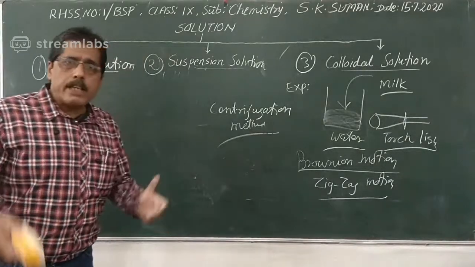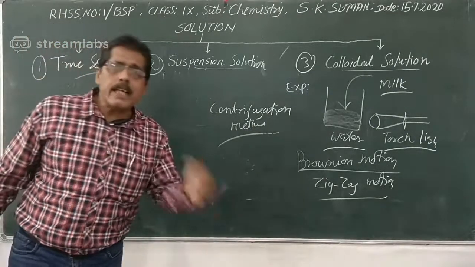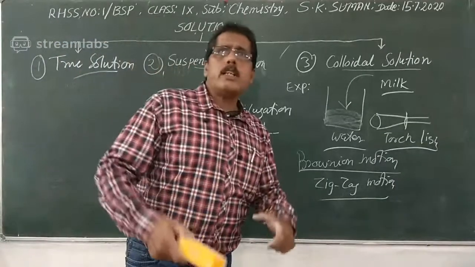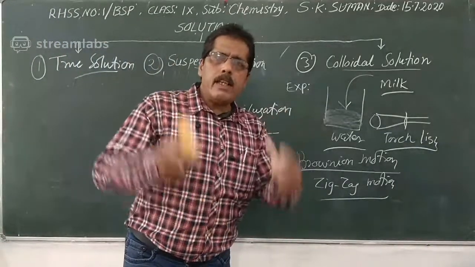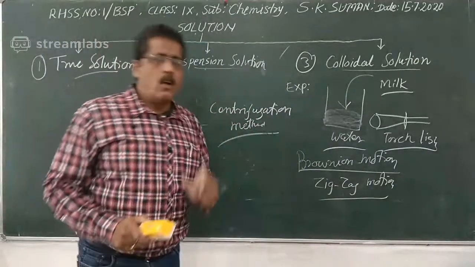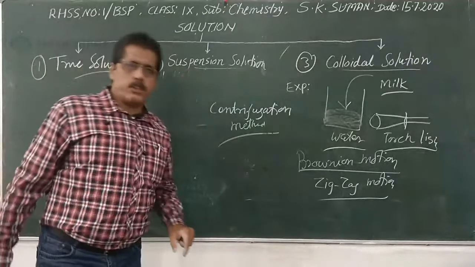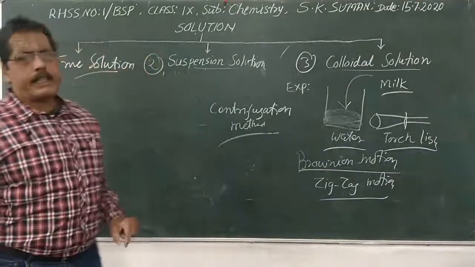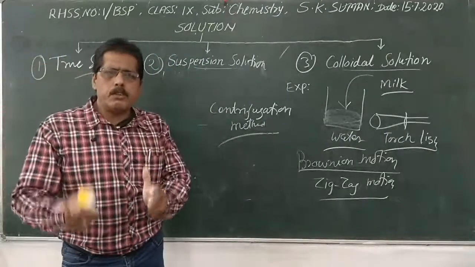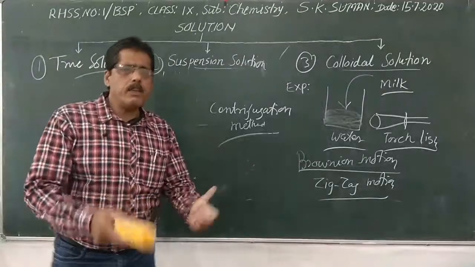Then come to suspension solution. You came to know that in suspension solution, you will be mixing a non-dissolved, non-soluble substance in solvent. Say for example, when you are mixing chalk powder in water, your chalk powder is not soluble in water. What happens when it is mixed in water? No doubt you get a solution, but the solute here, chalk powder, will not be soluble in water.